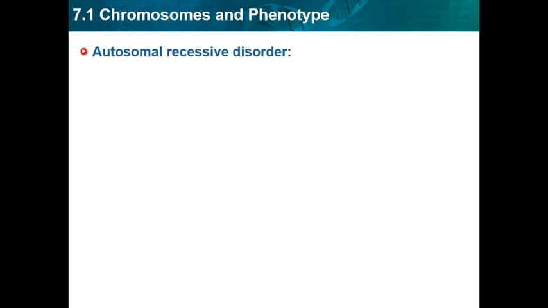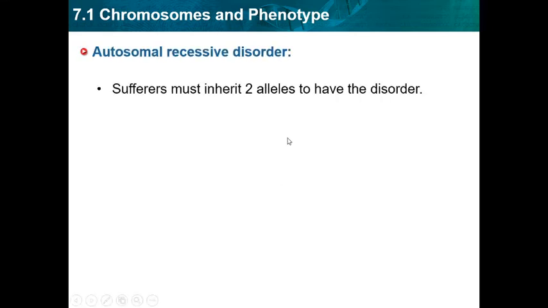Okay, now, autosomal recessive. When you say recessive disorder, remember that one should inherit the two recessive alleles to have the disorder. Healthy is the dominant allele, and the recessive allele is the one with the disorder.